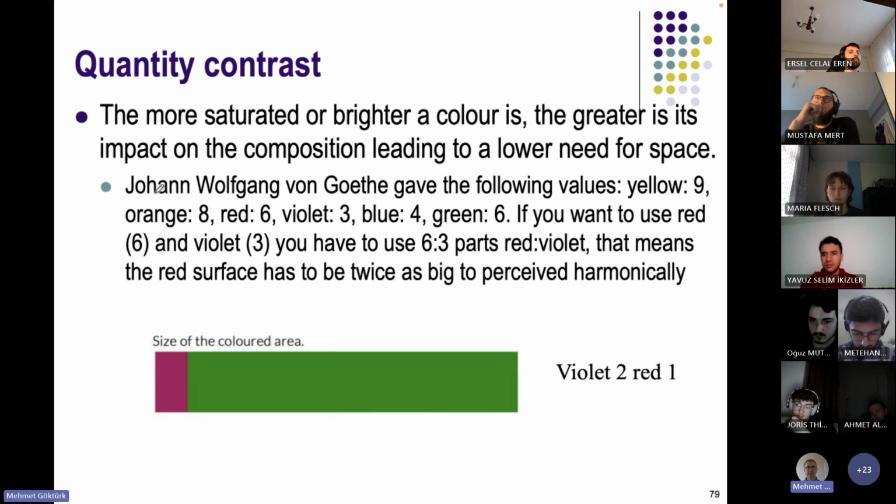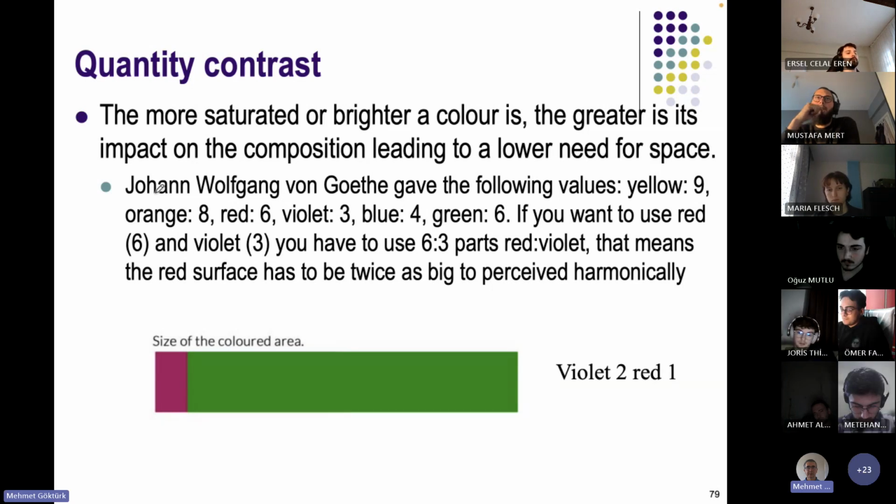This is interesting. Colors are not all the same. For example, when you want to mix violet and green, the ratios are different. Some colors are saying I'm here. Some colors are not saying I'm here. Therefore, the values have different presence quantity contrasts.